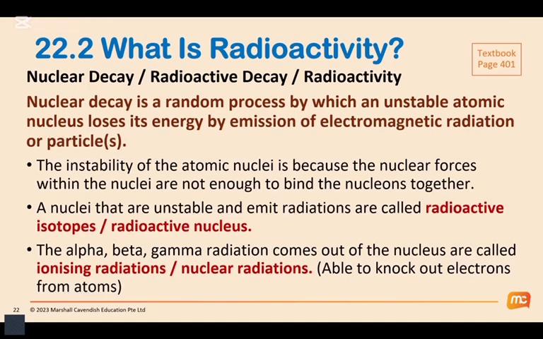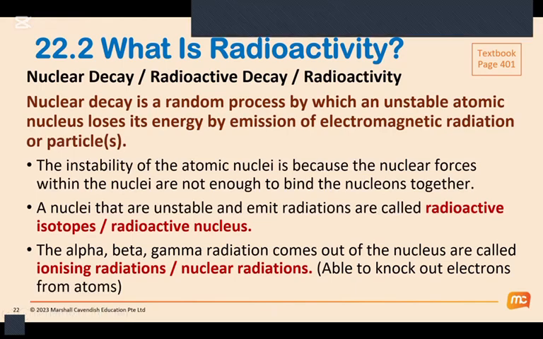Like carbon, the standard carbon is carbon with 6 protons, 12 for protons and neutrons, the mass number. But then there's also an isotope, carbon 14. With different isotopes, sometimes the protons and neutrons number changes, and this causes the nuclear force to be imbalanced, and with the imbalance of nuclear force, we say that the nucleus becomes unstable.